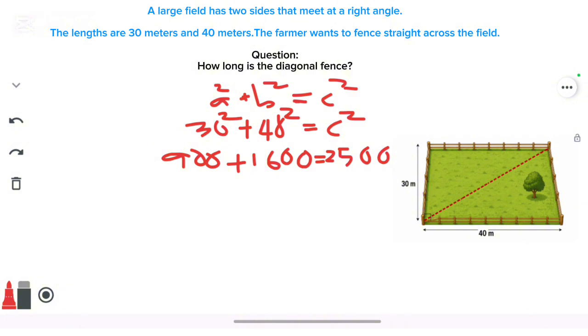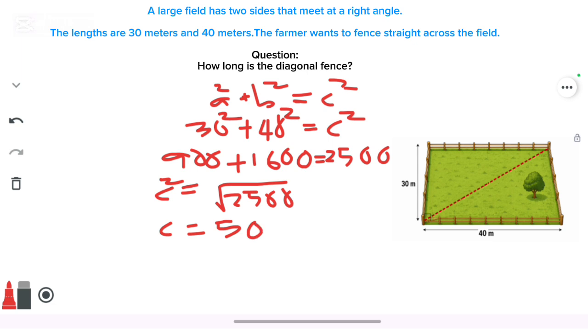Again, the next step is finding the square root. So there we go. We have c squared is equal to 2500, and the square root of 2500 is 50.